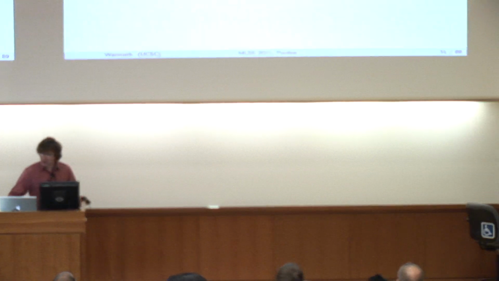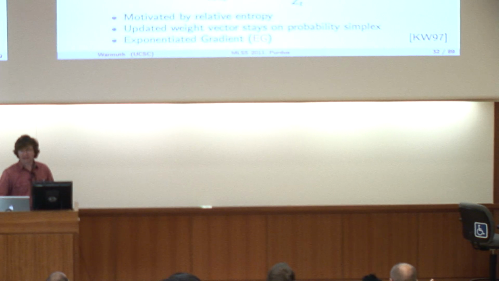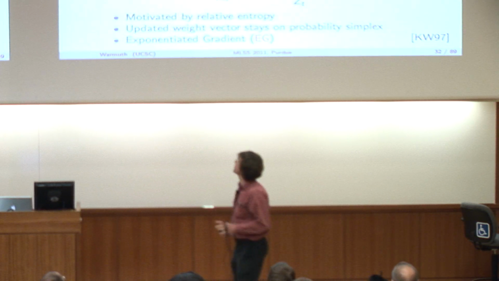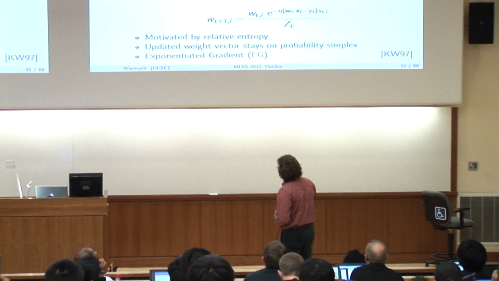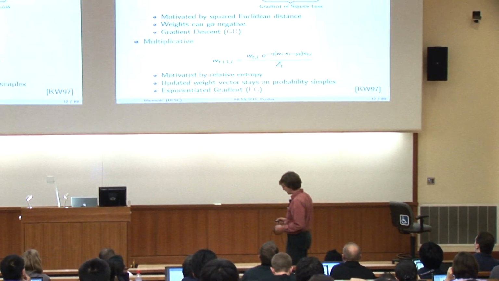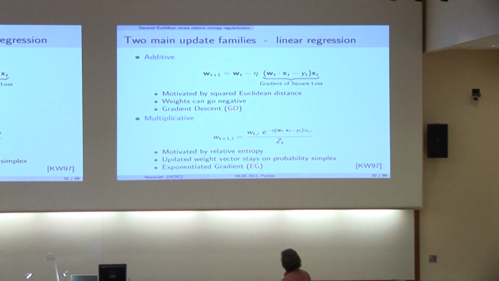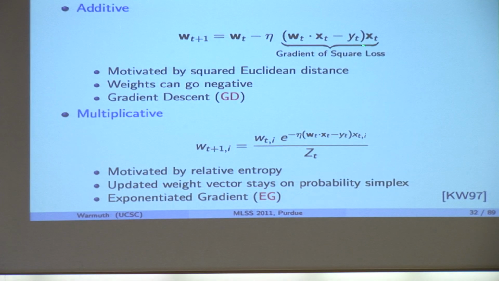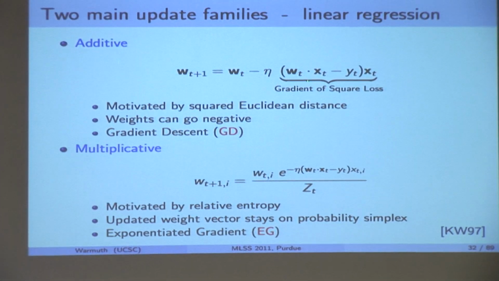So that's the online setting, and I'm going to derive some very basic updates. This is how people started discovering machine learning. Okay? So the simplest update is an additive update. What's the additive update? Your new weight vector is the old weight vector minus eta times the gradient of the loss.